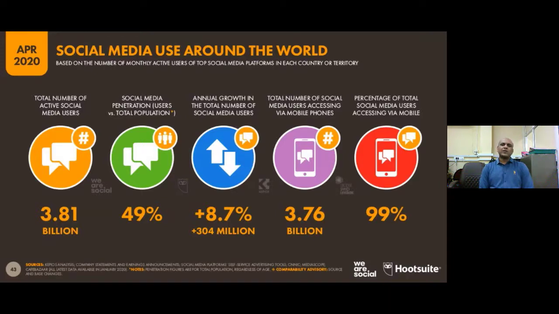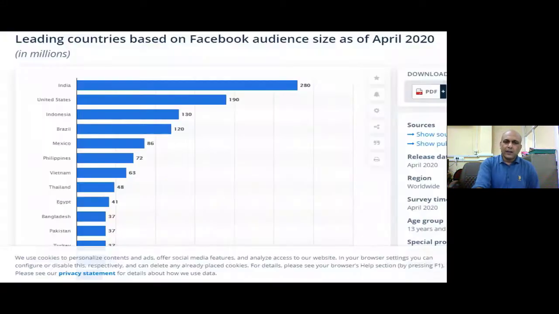Here again, you have social media use around the world. The total number of active social media users is about 3.81 billion, 49% of the population, with continuous growth of about 8.7%. So this tells you the story of how, in the first place, we're using the internet, and how social media websites or social networking tools are used, and what the level of usage is.